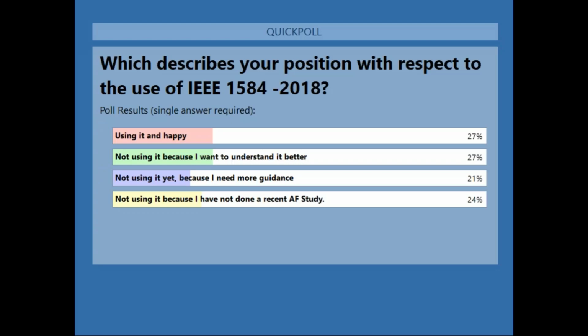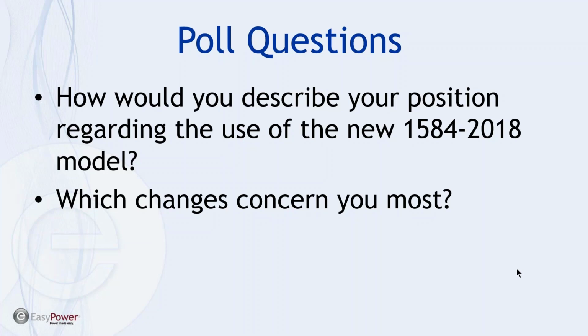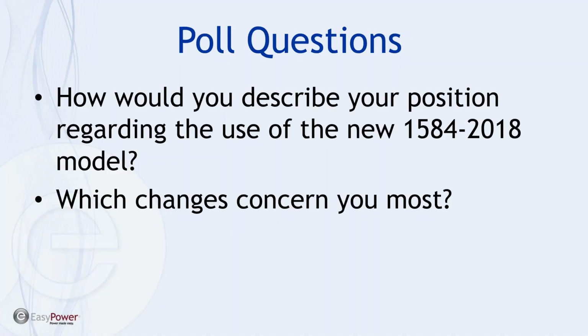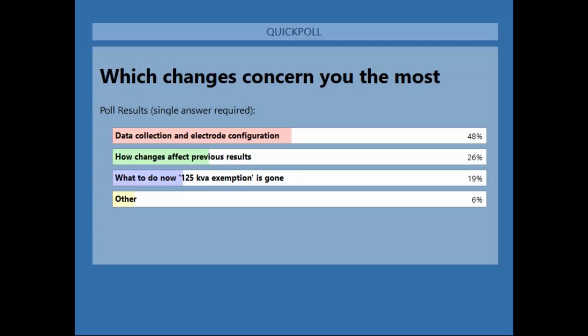It looks like it's pretty evenly split across the horizon. And then the second poll question is, at least based upon your current knowledge of the changes, which change concerns you the most as far as the new model? So it looks like most people have weighed in on this. And so here's how we voted on this topic.